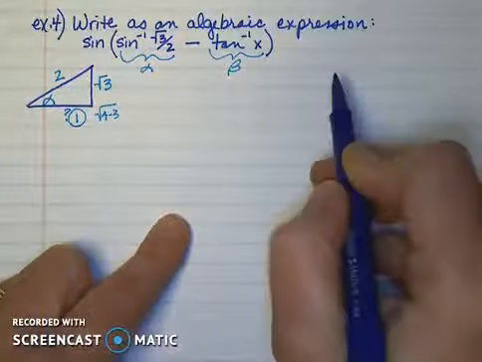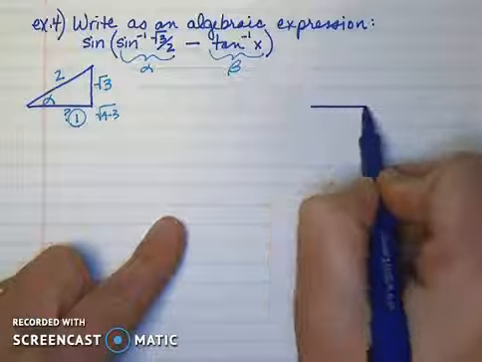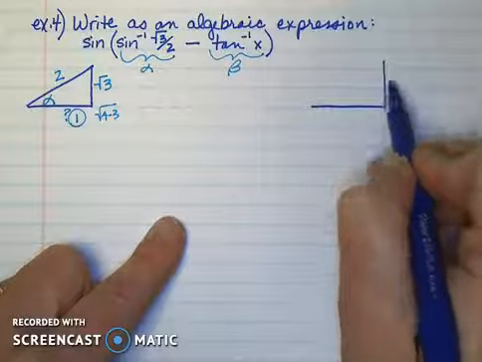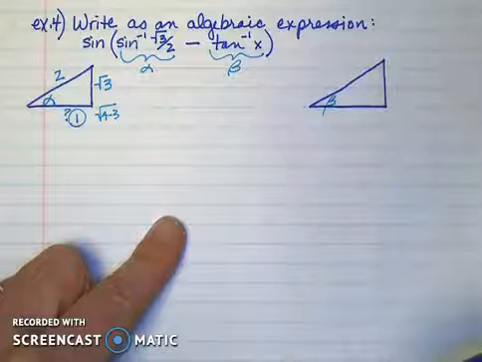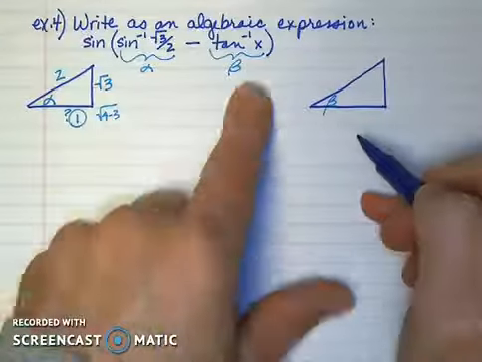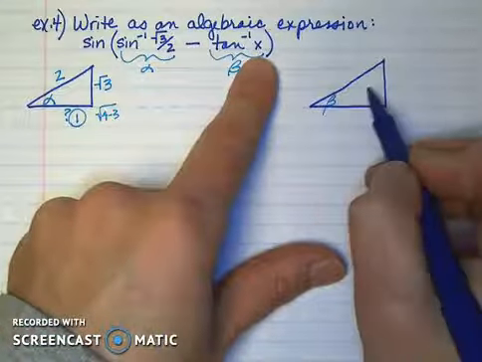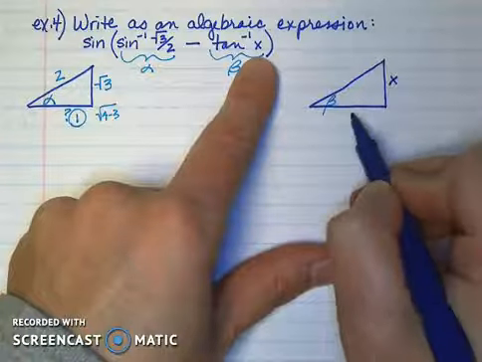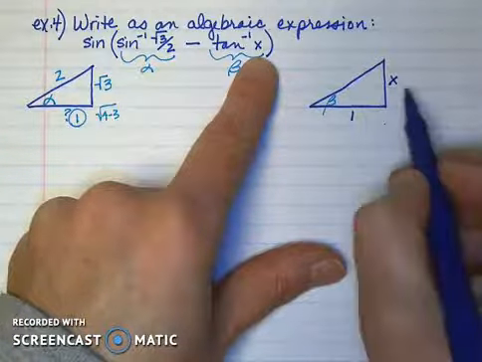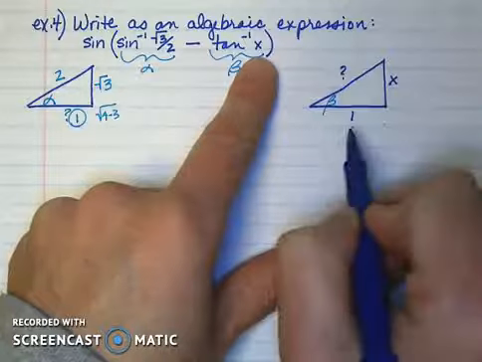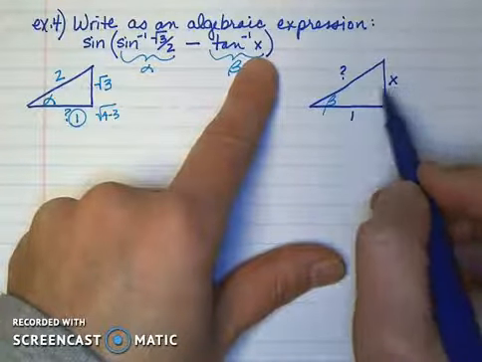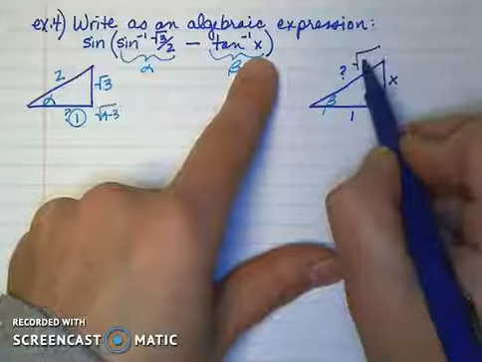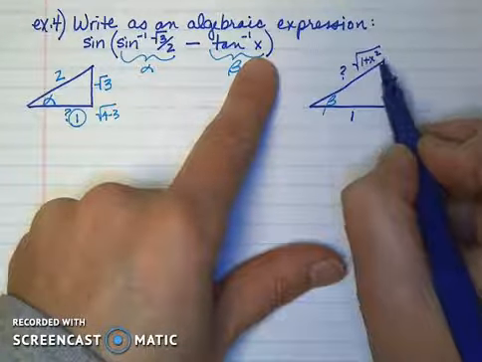This triangle, we're going to make the beta angle, and this one says tangent is x. Well, tangent is opposite over adjacent, and so now I need the hypotenuse. The hypotenuse would be 1 squared plus x squared, take the square root of that, right? So square root of 1 plus x squared is that value.